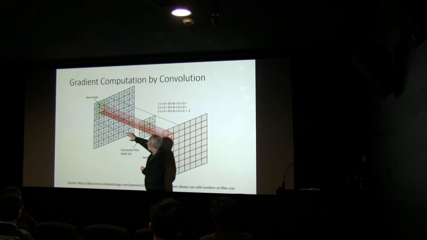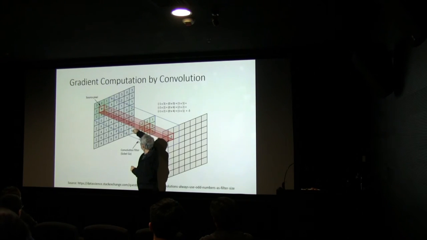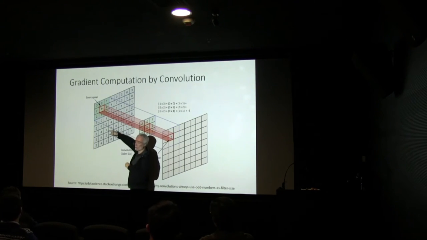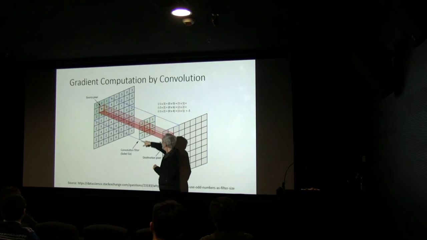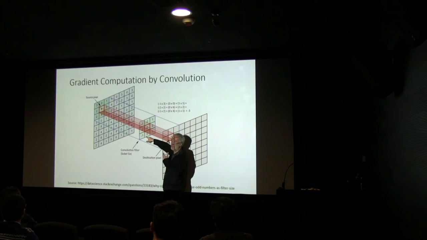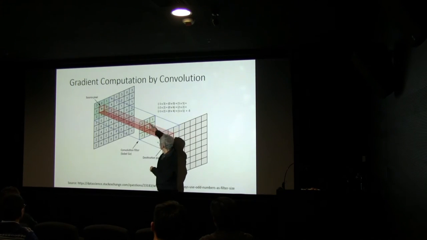The idea is you have an image which is an array of pixels. Here the pixels are a different range, so they're not between 0 and 1. But imagine this is the input image. Then we apply, let's say, a filter, or we call it convolution kernel, which is another matrix.